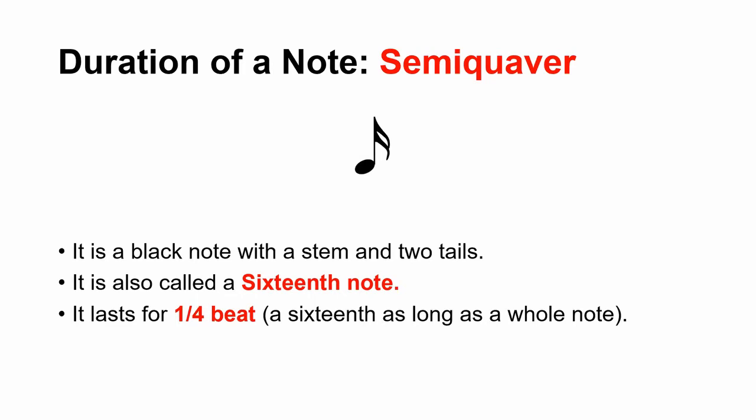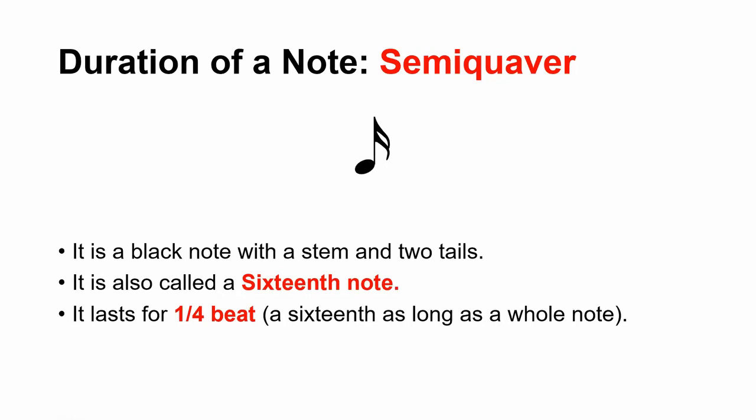Again, how do you come to that quarter of a beat? How do we know it's a quarter of a beat? Again, remember everything, the note is a 16th note because it lasts for a 16th as long as a whole note.